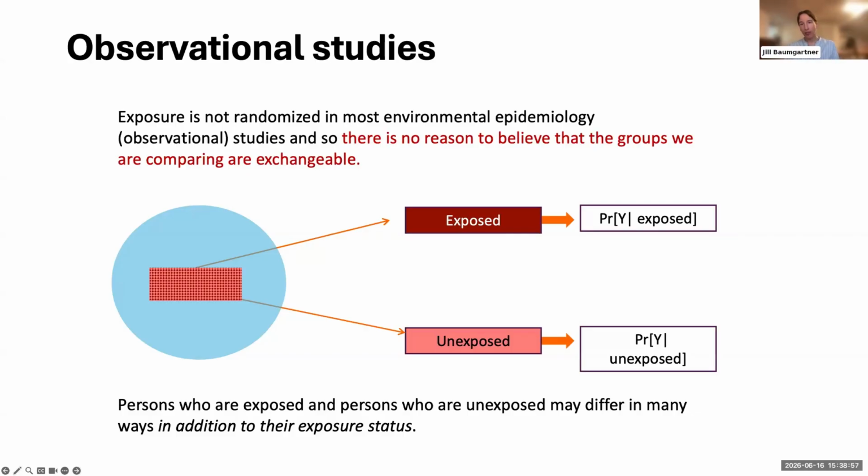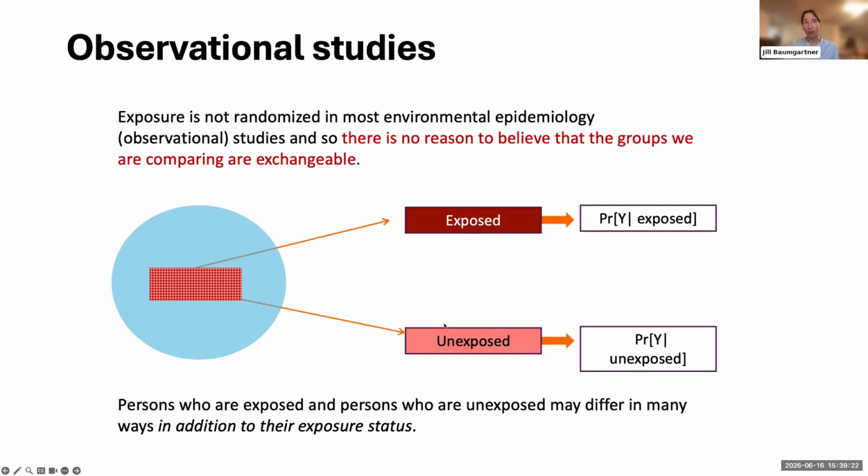So instead, we're stuck with observational studies in environmental epidemiology where we can't control who gets exposed. So in this case, we're just observing what happens in the real world. And in this case, exposure is definitely not randomized. And so there's really no reason to believe that the groups that we're comparing are actually exchangeable, right?